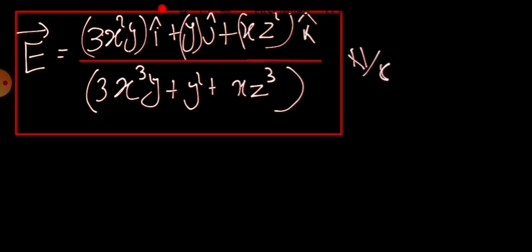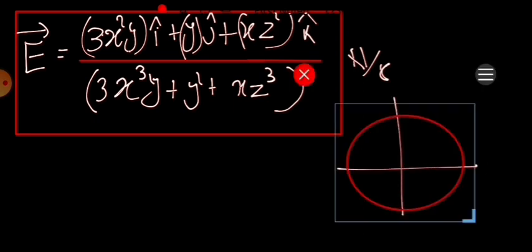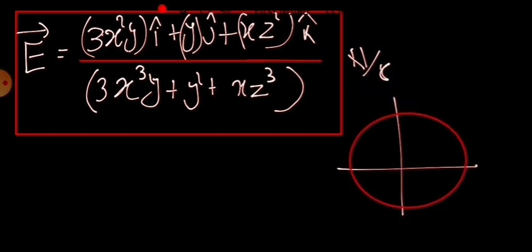Find the flux passing through a spherical region of radius r centered at the origin due to this electric field.